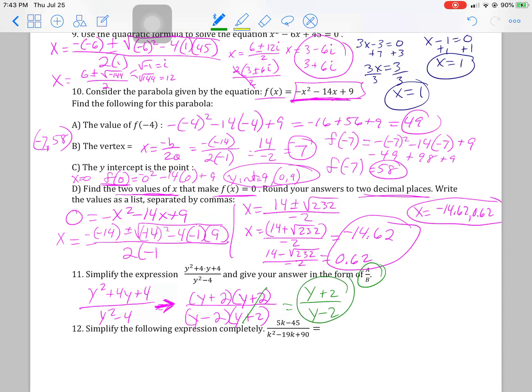That's all that is. All right, this one we're going to go ahead and simplify, take out the greatest common factor. And then this is going to factor here: k minus 10 and 9. Okay.